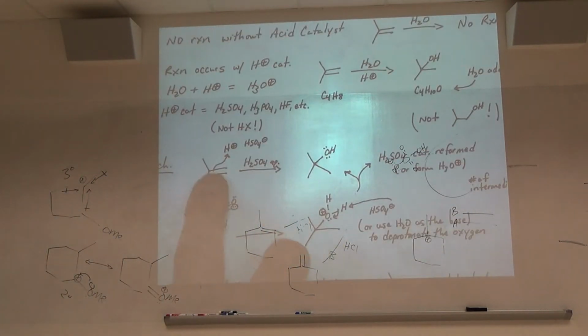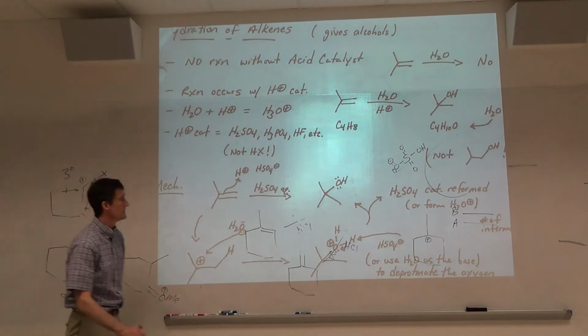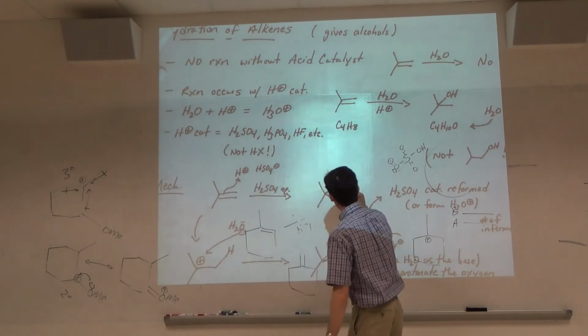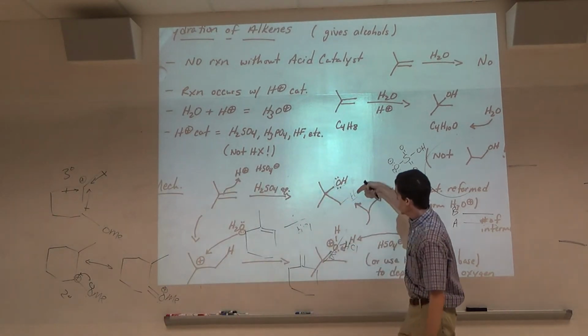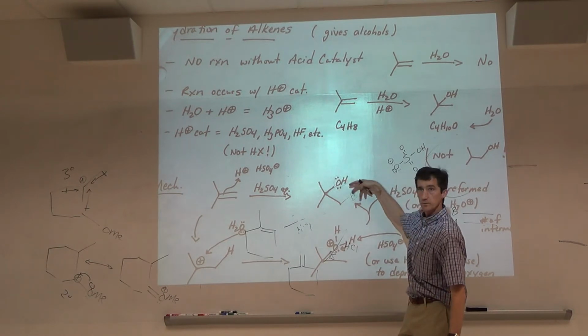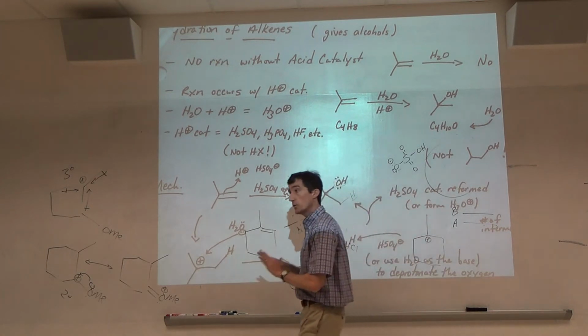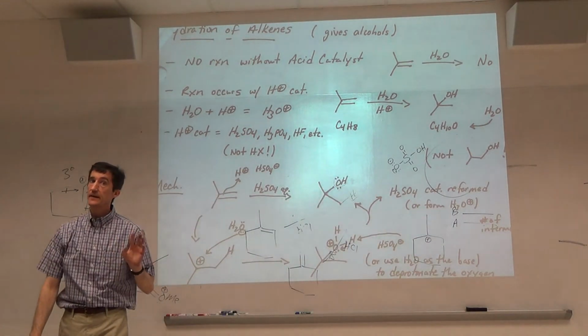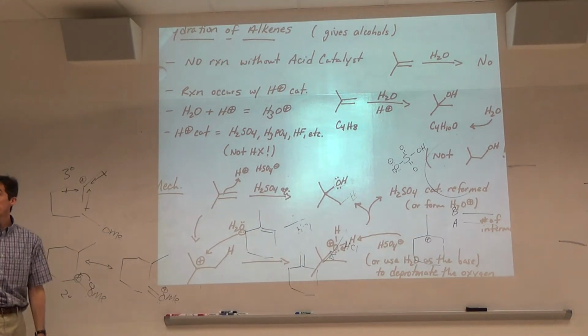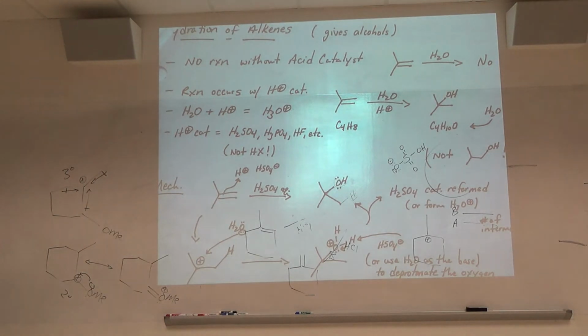Ultimately, what do we add to the alkene? We've added that and the new H. Everybody agree? Now, what do you call H and HO if it's all together? H2O. We've added water to the alkene, but the alkene didn't react with pure water. We had to add that acid catalyst to supply the H plus at the beginning, because water doesn't supply H plus.